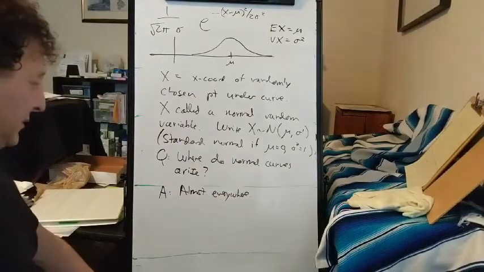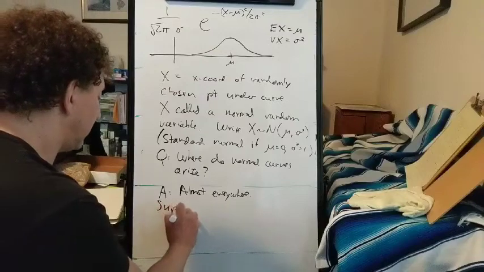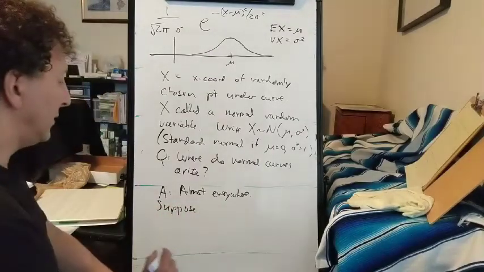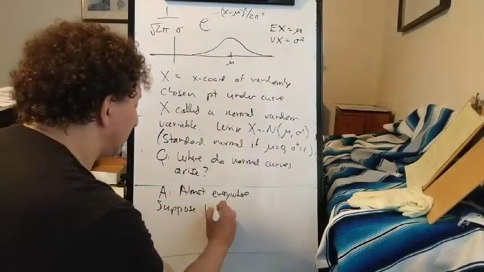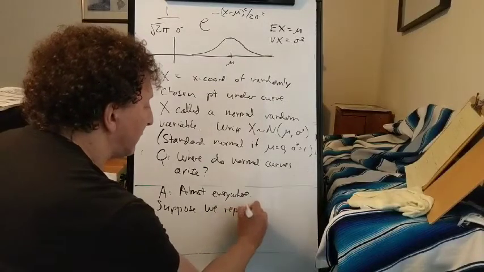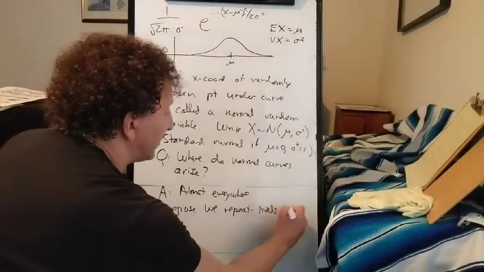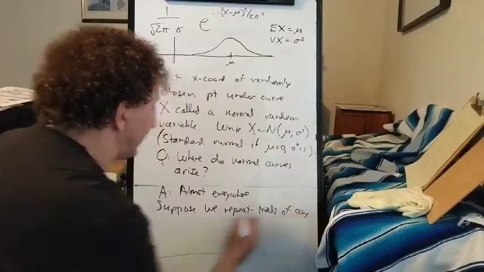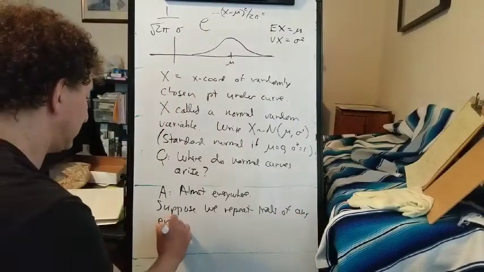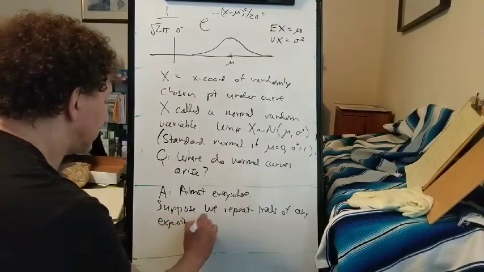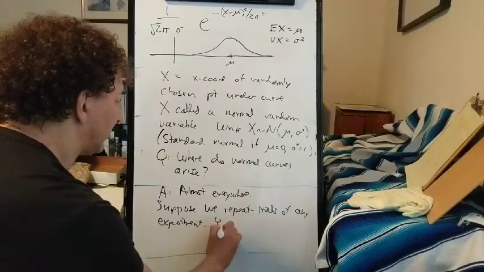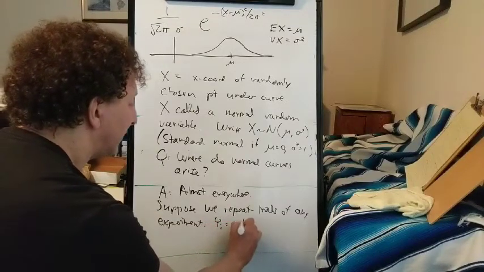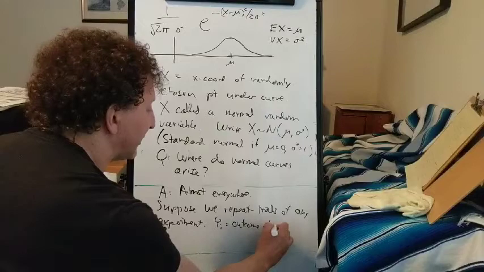So to be explicit, suppose we repeat trials of any experiment. So let's let yi be the outcome of the ith trial.